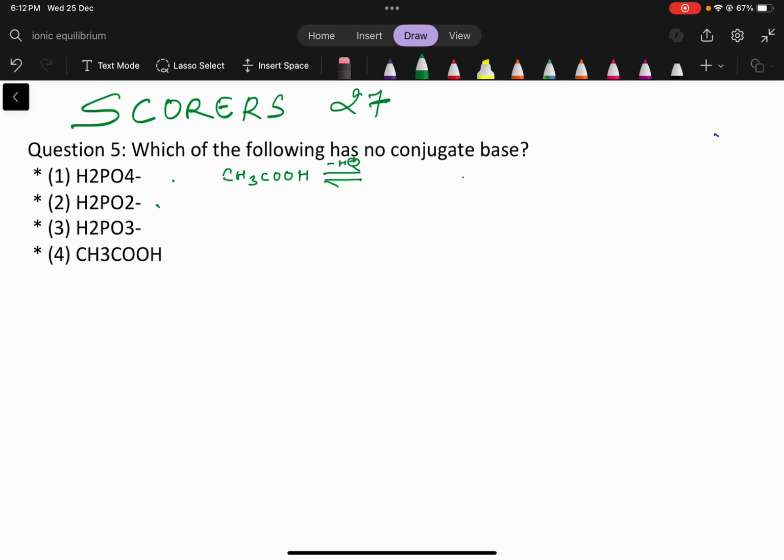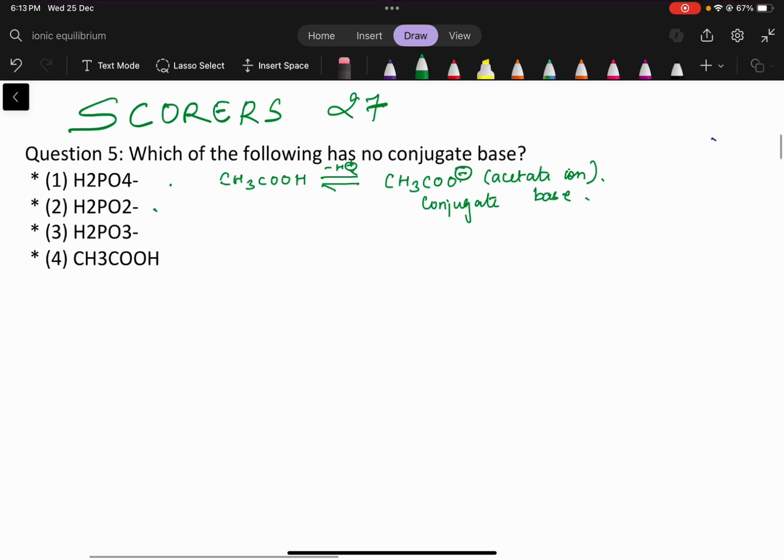This acetic acid can lose a proton, that is H plus, to form CH3COO minus, that is acetate ion, which is its conjugate base. So here we can see that acetic acid loses a proton to form an acetate ion, which is its conjugate base. So yes, acetic acid has a conjugate base.